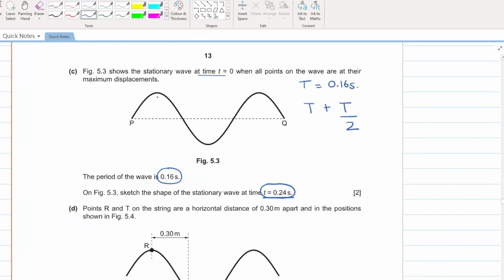So what will happen? In the first quarter of a cycle, the stationary wave will become flattened out. And after a further quarter of a time period, the stationary wave will flip. This will be your final position.